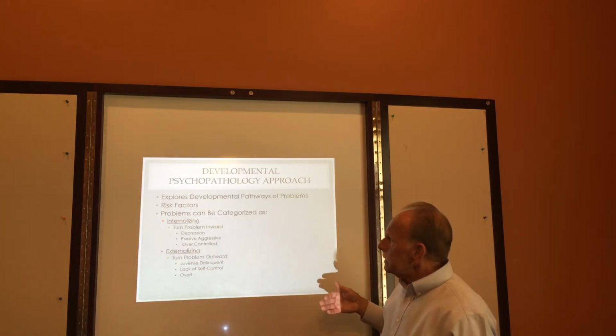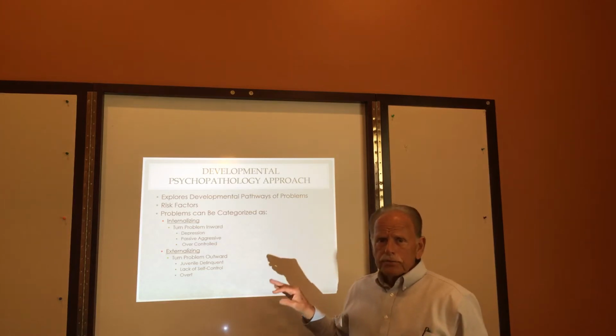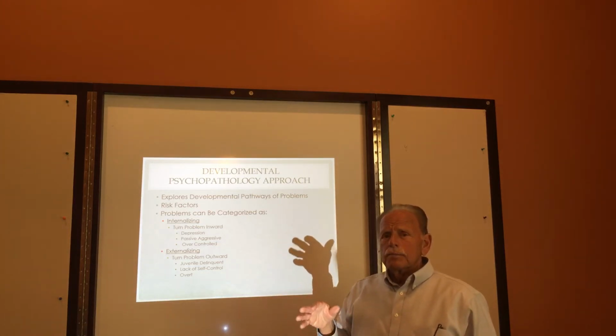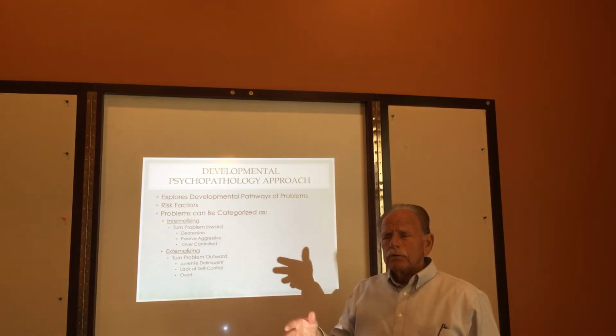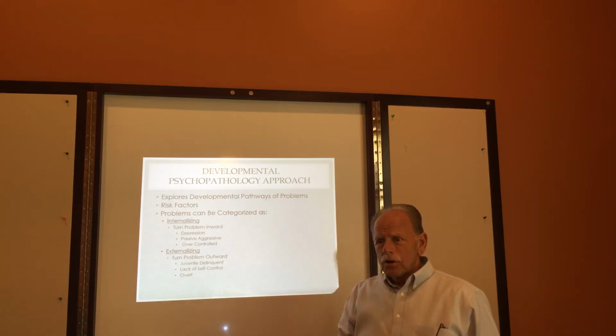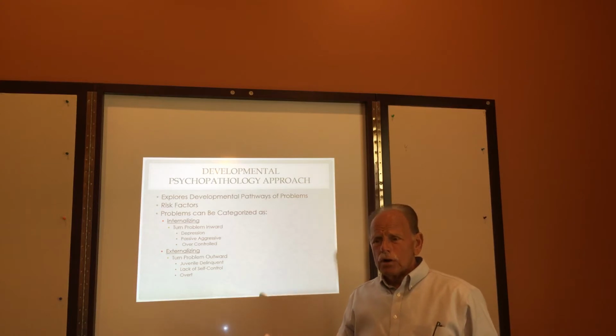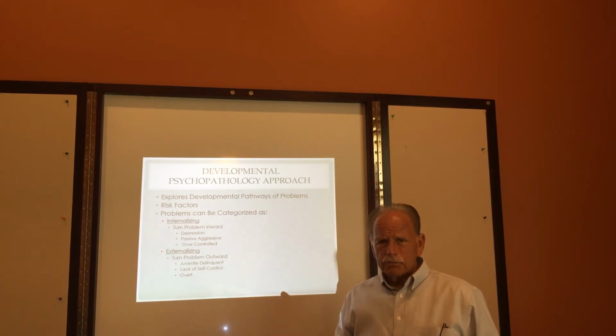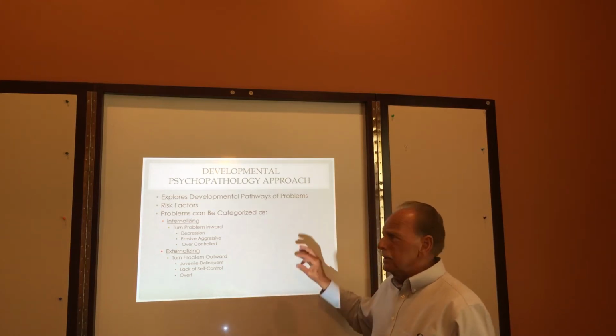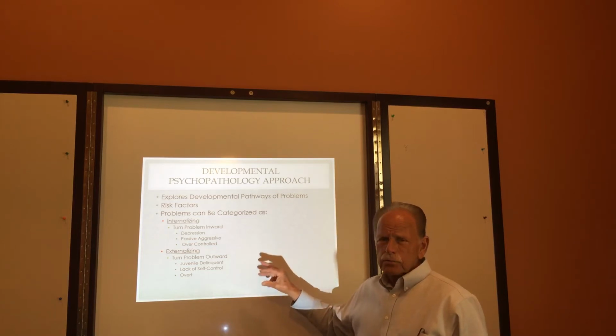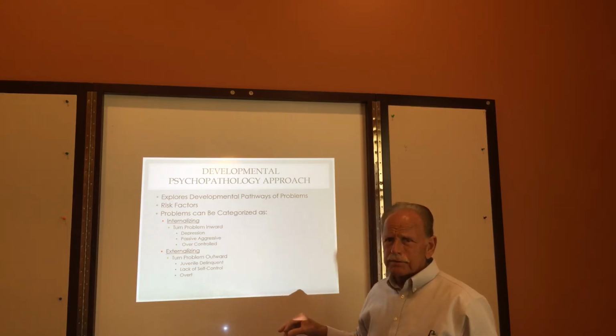The first screen that I showed you talked about the biopsychosocial model, looking at it from a causal perspective. In other words, which of these things could be causing these kids to have these problems. This screen is how the kids respond to or react to the problems they're having.